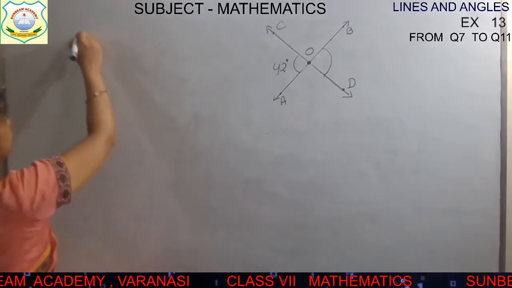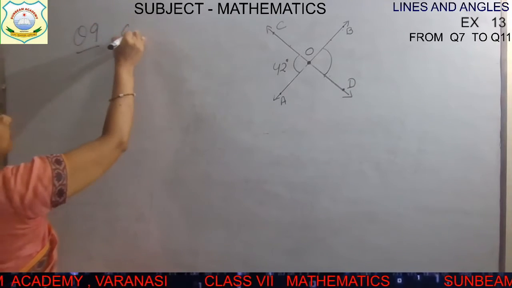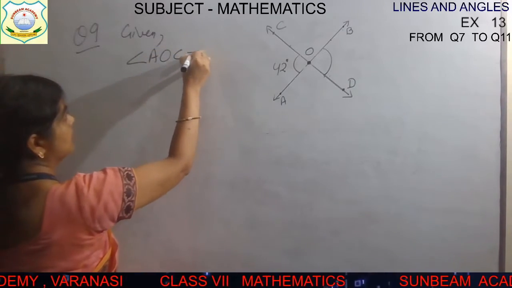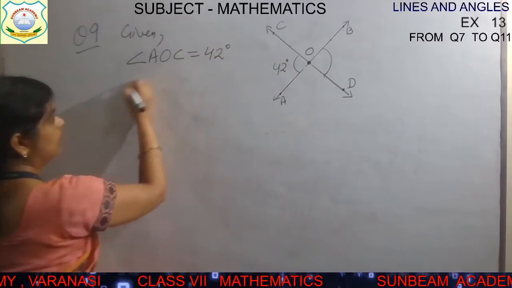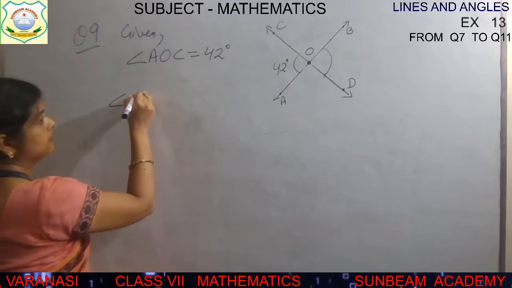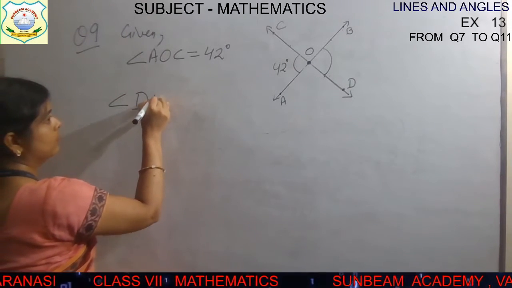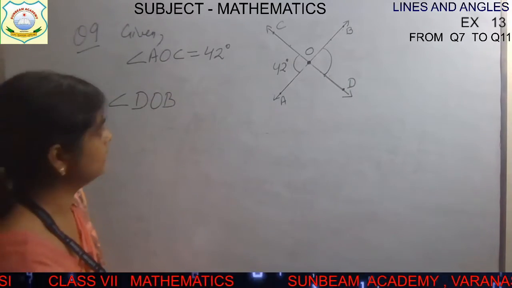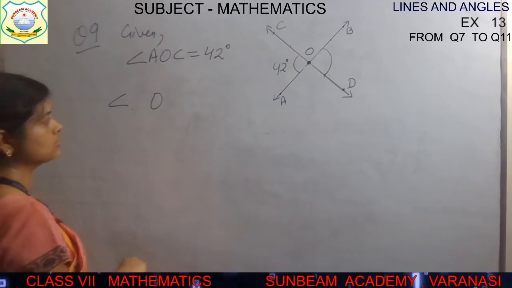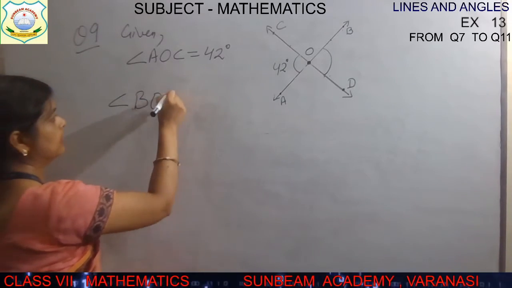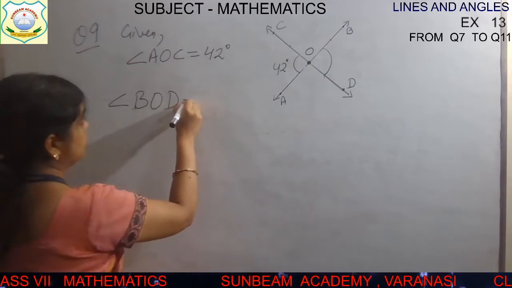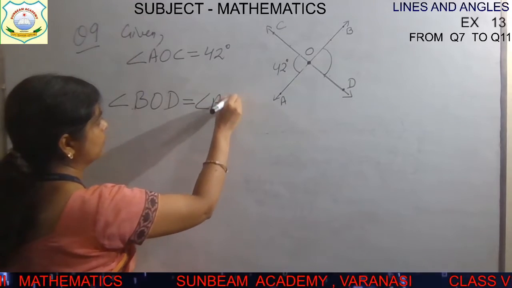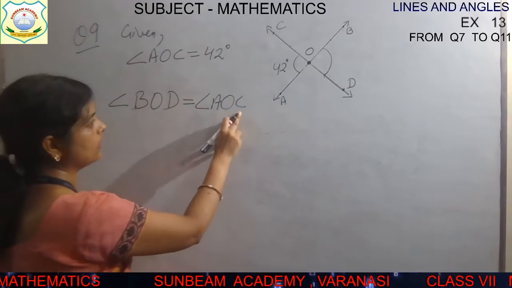Now we will write it as question number 9. Given angle AOC is equal to 42 degree, and angle DOB or BOD, BOD is asked, so you can write it as BOD also. Both are same actually. You can write it as DOB also. It is equal to which angle? BOD is equal to angle AOC.